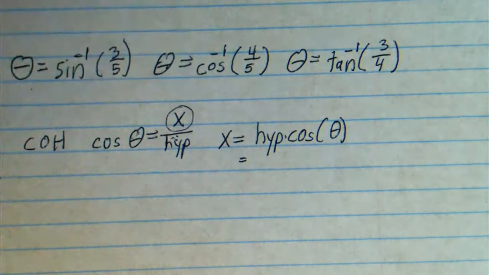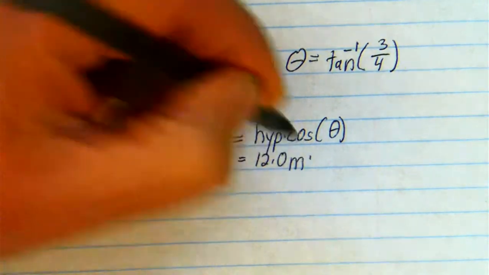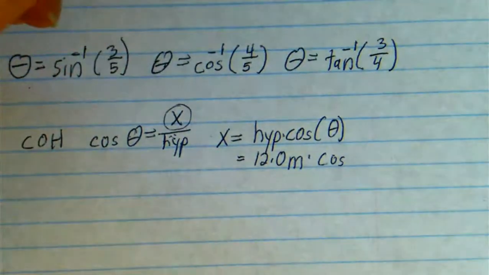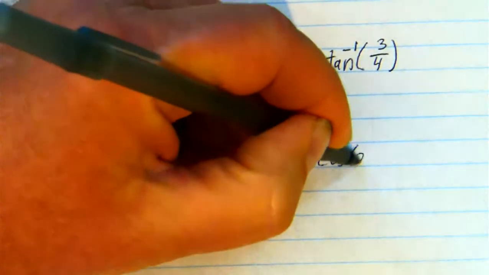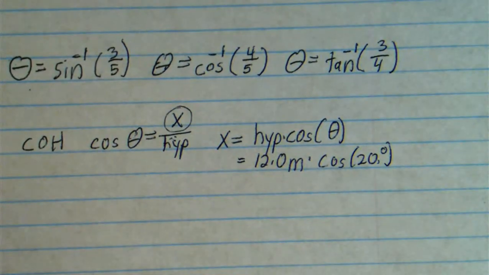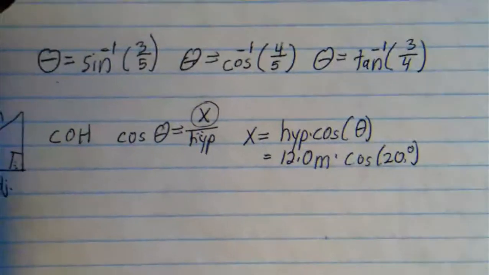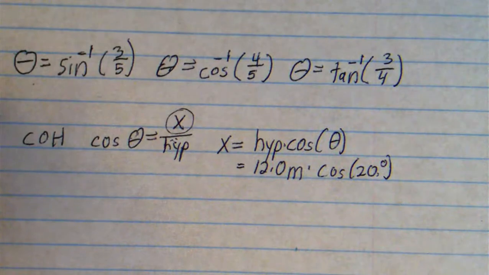In this example, I would type in 12.0 meters times the cosine of 20 degrees. Okay, I've asked my students what the answer is, and let's work it out on the calculator.